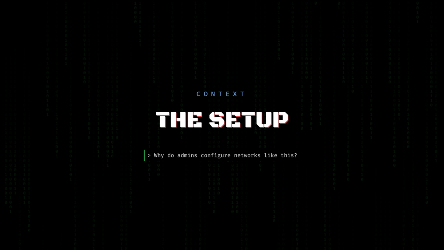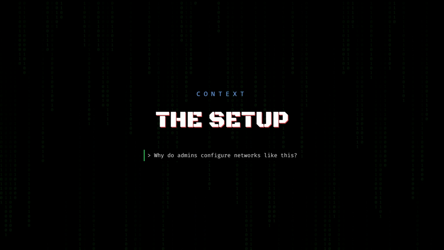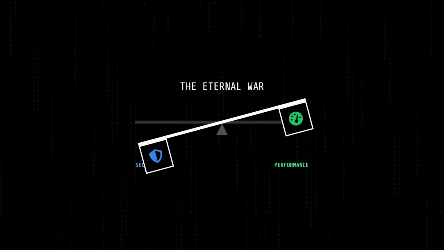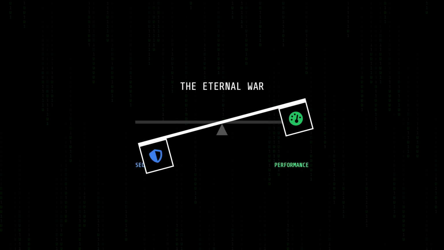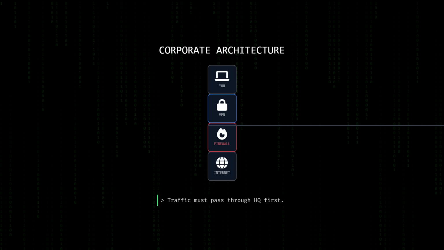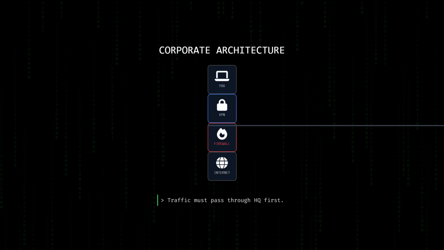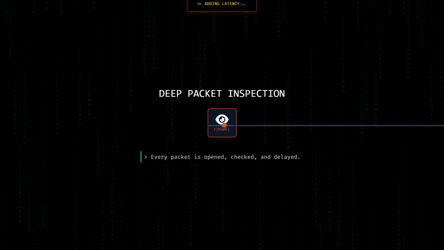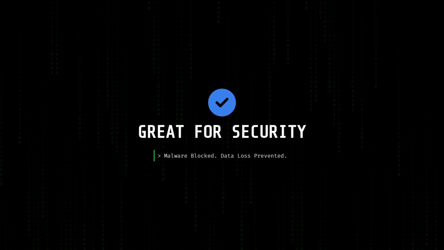To understand how we can hack a network using Zoom or Teams, we first have to understand why network administrators configure things the way they do. In the security world, there is always a war between security and performance. If you work in a big company, you are probably using a VPN. When you are on that VPN, typically all your traffic goes through the company's data center, gets inspected by a firewall, and then goes out to the internet.